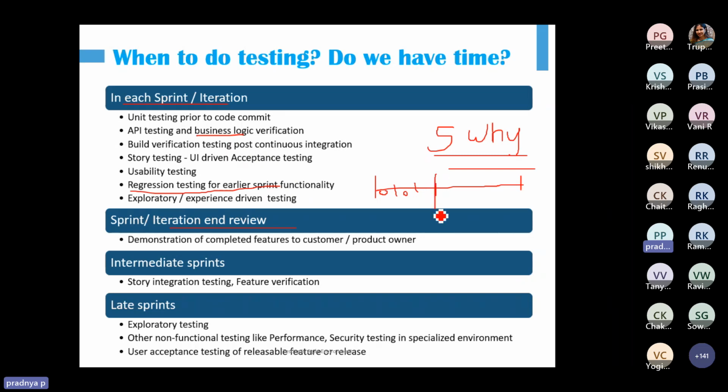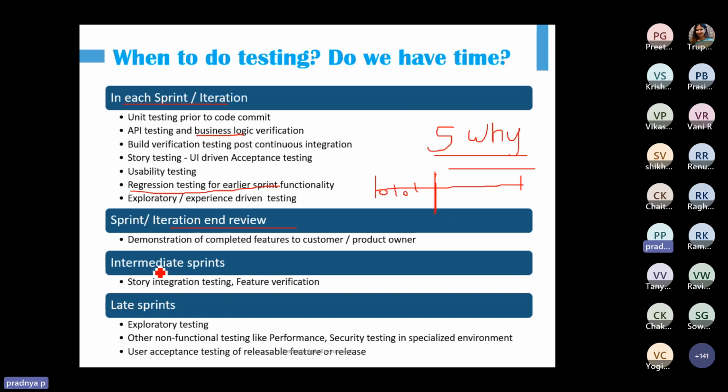But during the intermediate release, for example, at the end of sprint 3, we may have a deployable feature, right? A feature can be a combination of multiple stories. The multiple stories can be integrated together, and that feature can stand on its own and can be deployed in the live environment. So we need to identify, as part of our sprint planning, at what point of time a deployable feature is going to be available.